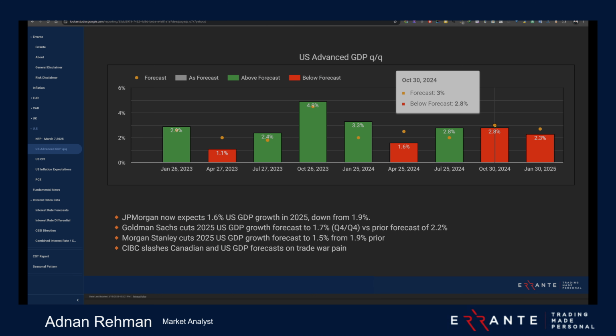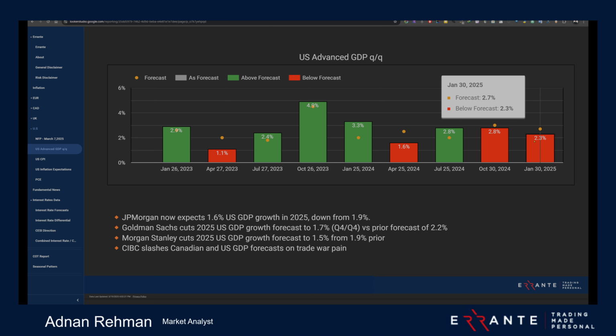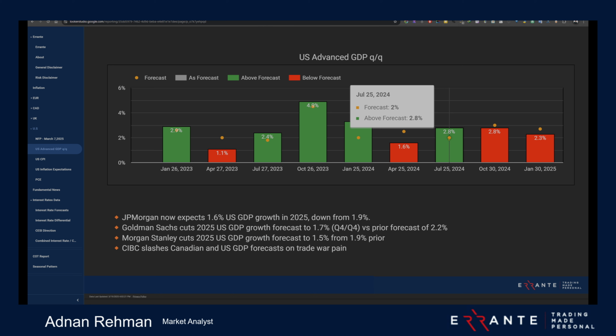This orange color is the forecast value, and this value in red means it's below the forecast. The latest print on January 30 was also below the forecast, whereas this green one means it's above the forecast. So in the last 2 quarters, the print was below the forecast.